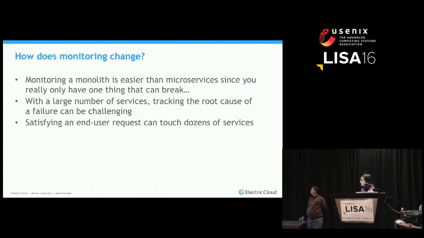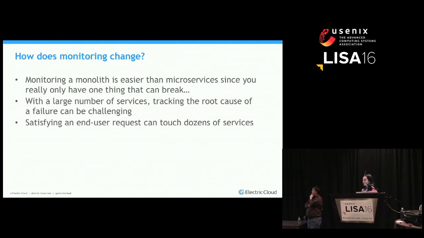So how does monitoring change? Monitoring in a monolith is easier because really if you have a problem, whether it's a slow web page, some error you're seeing or weird behavior, you're always going to be coming to the monolith. That's what caused the problem. Maybe finding the root cause will take a little while, but at least you know where to start.